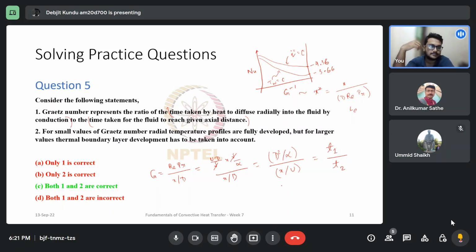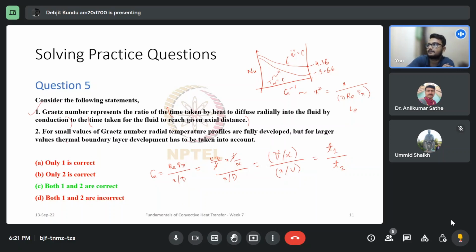That is x by U, where U is the velocity of the fluid, and that gives us the second time t2. So Graetz number can be thought of as the ratio of two different times: one is the time taken for radial conduction, and the other is the time taken for axial transport of the fluid. This is why statement 1 is correct.